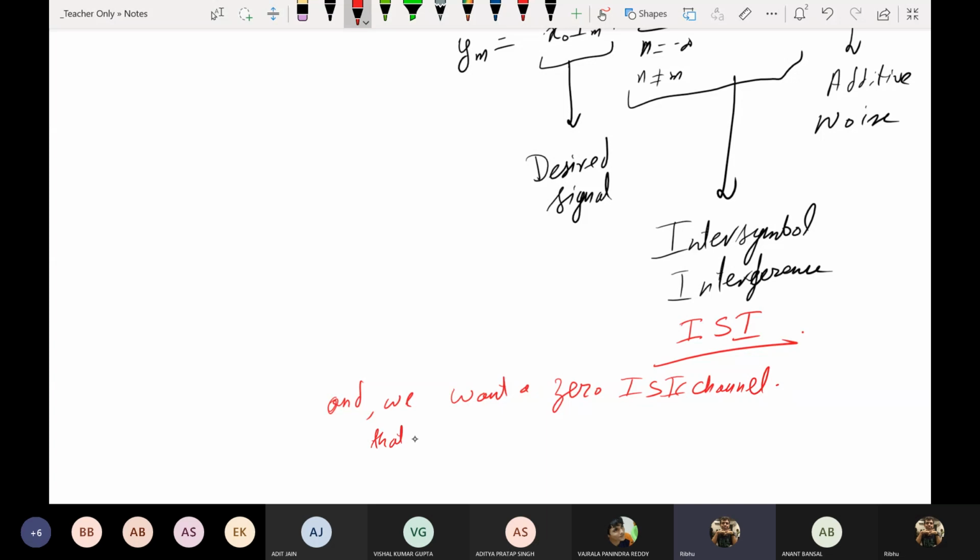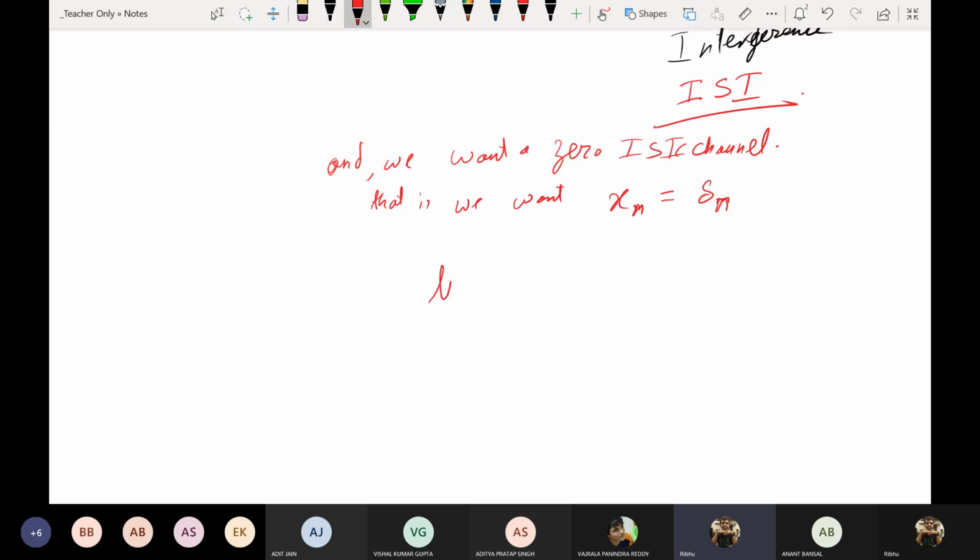That is, we want x_n equals delta_n. You want the sequence x_n equals this, but x_n equals p(t) convolved with c(t) convolved with g(t). Makes sense?